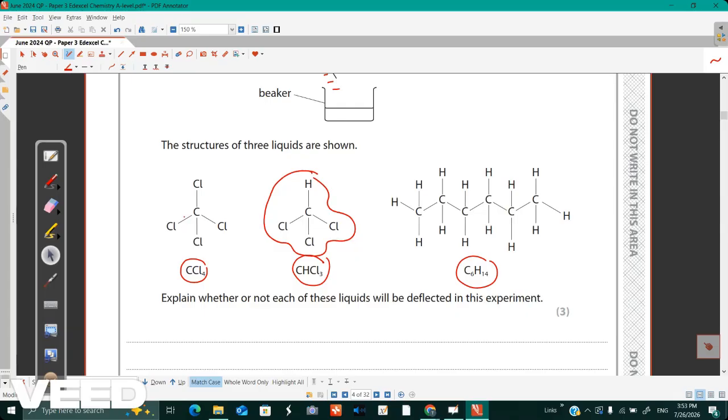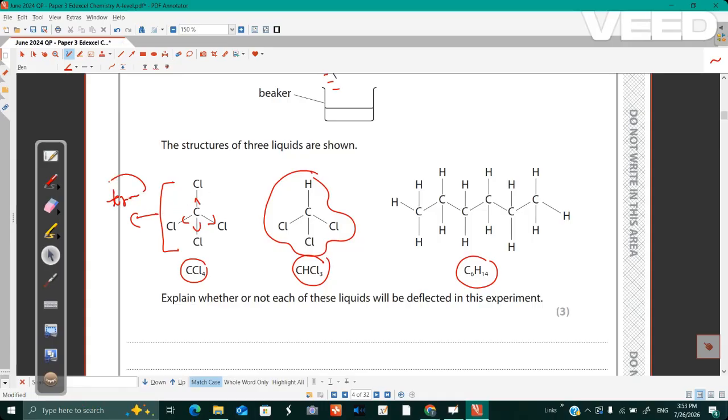When you look at CCl4, the bonds are polar, but when you look at the geometry of the molecule, all these polarities are getting cancelled off. Even though the bonds are polar, if you look at the overall structure, because of this tetrahedral arrangement, there's no dipole moment. So therefore, you can omit this compound.